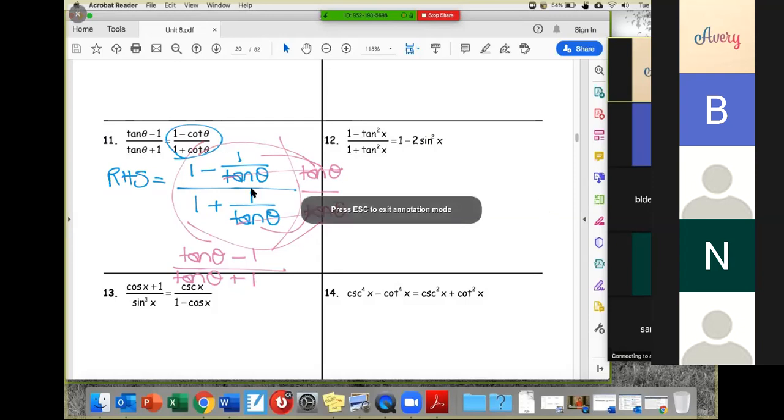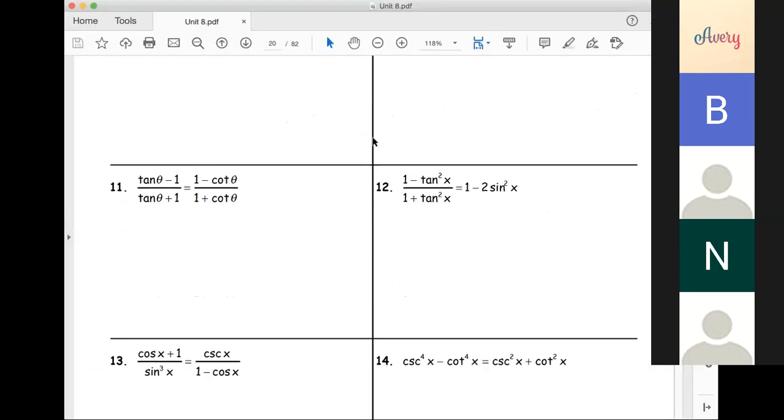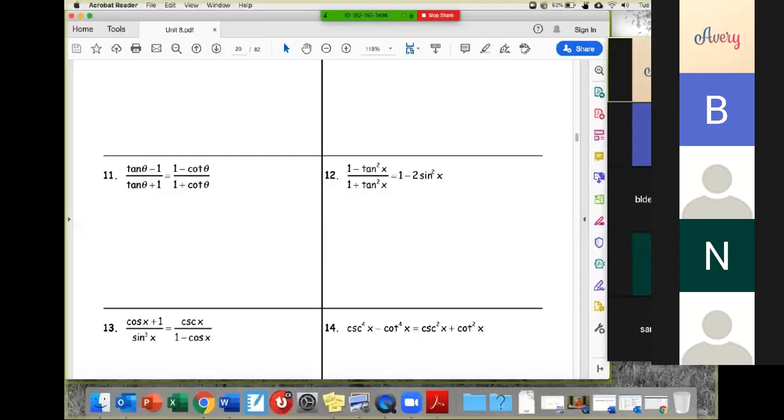Other ones on this page? Could we also do 12? Yeah. 12, I would have started with the left-hand side. Because the answer is in terms of sines, here's 2 things. Either the top or the bottom is a Pythagorean.